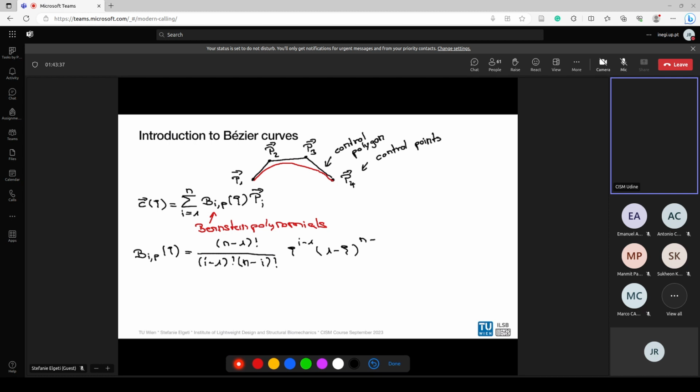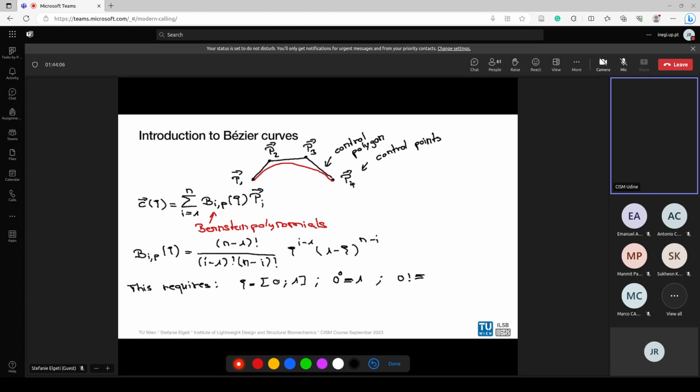In order to be able to evaluate this expression, we need several definitions. So this requires that psi is always in the interval between 0 and 1. It also requires that we define 0 to the power of 0 as 1. And we define 0 factorial also as 1.